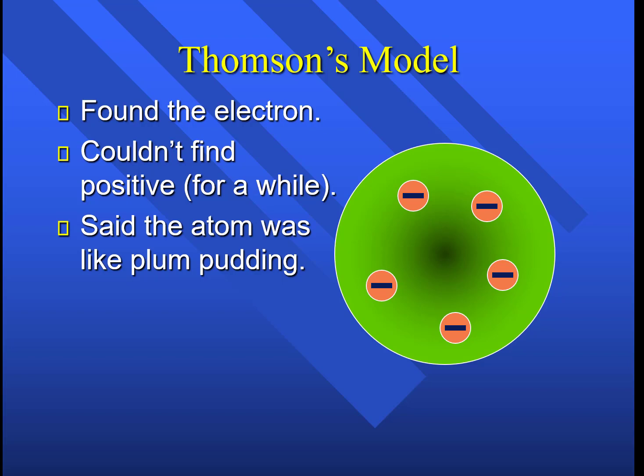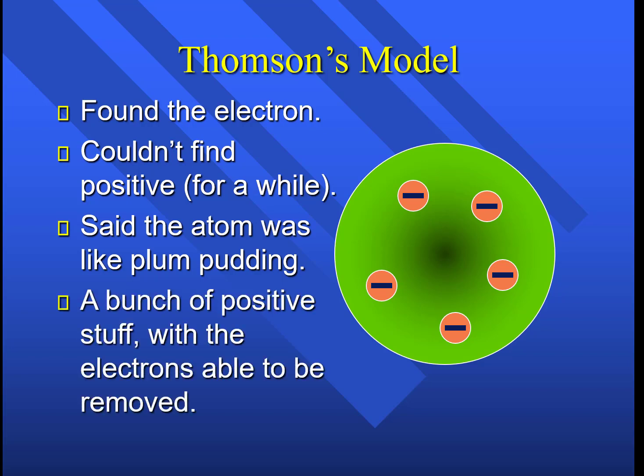To English people, if you mix stuff that doesn't mix real well, it's called a pudding. Okay, so it's like raisin bread, except it's got a spicy bread, so it's like a fruitcake with raisins in it, and that's plum pudding. So if you think about it, raisin bread had positive stuff like the bread dough, with negative pieces stuck into it, like the raisins in the raisin bread.